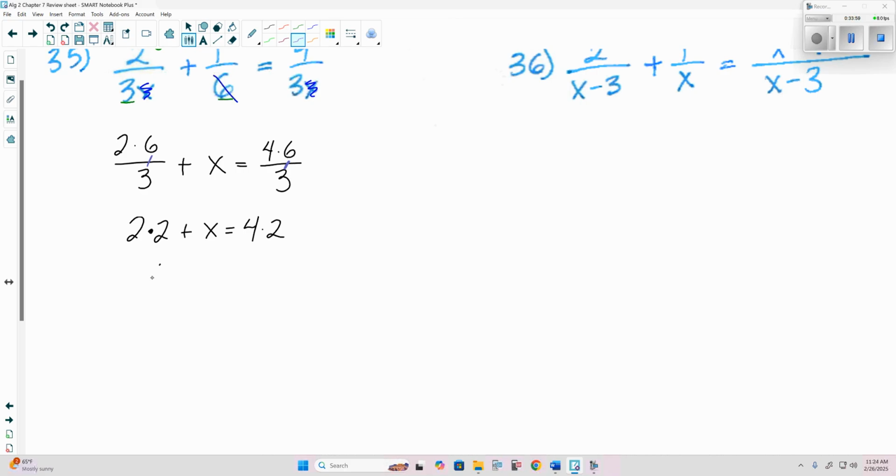Well, 2 times 2 is 4 plus x is equal to... I put this middle step here just so that we can see how using 6 will reduce that out.